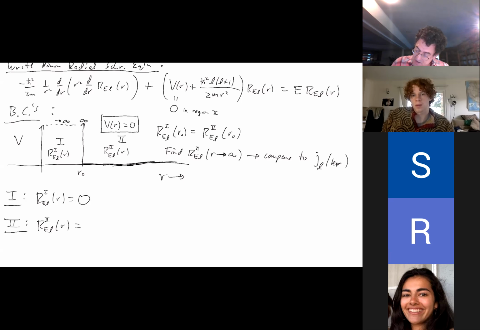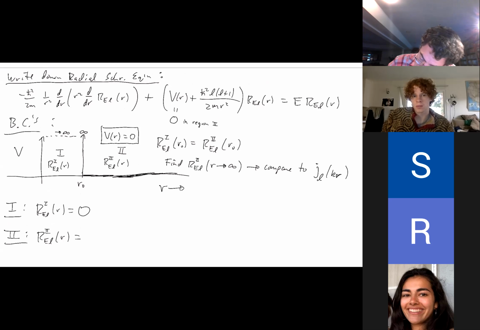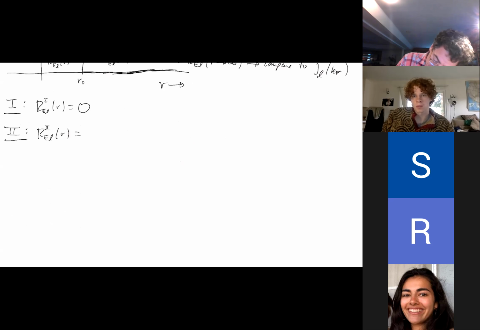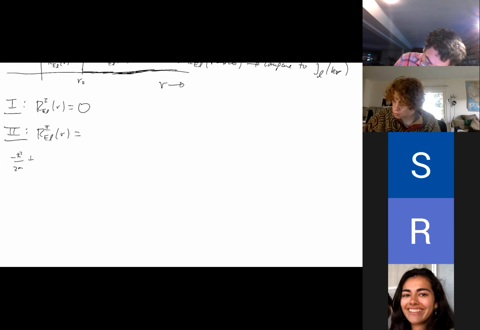And so I want you to notice that in region number 2, my radial Schrodinger equation is, let's write it out, because I just want you to look at it closely. 1 over r squared, because there's something funny going on in spherical coordinates that it's not intuitive at first, but it can be intuitive if you stare at it for like 7 or 8 years.